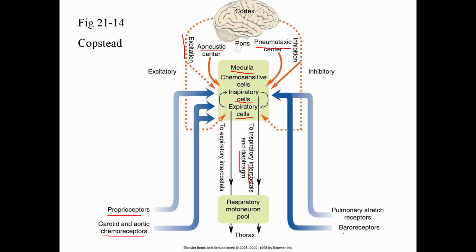And then there are kinds of stretch receptors. Some people talk about pulmonary baroreceptors, and then certainly cardiovascular baroreceptors can have influences on breathing as well. And we could have other things in here like pain and voluntary activity and that sort of thing.